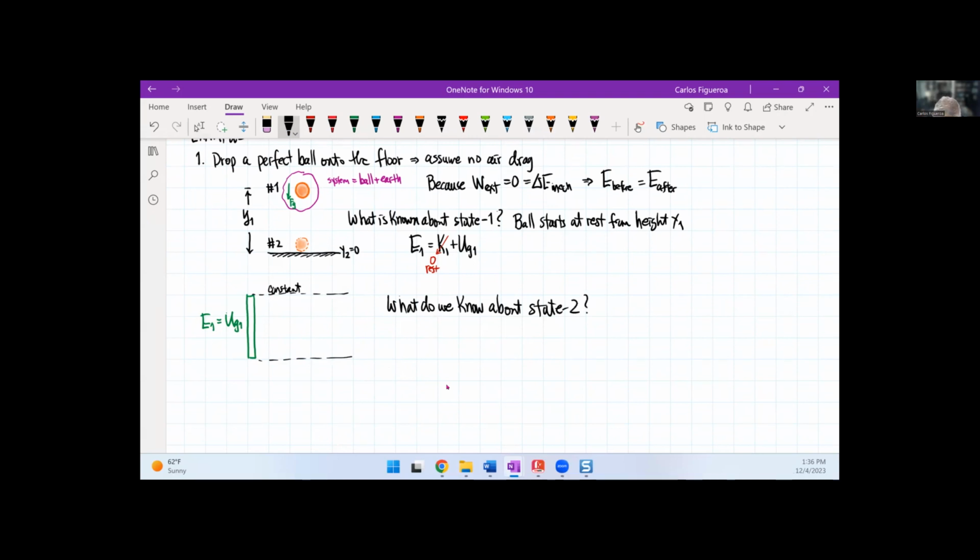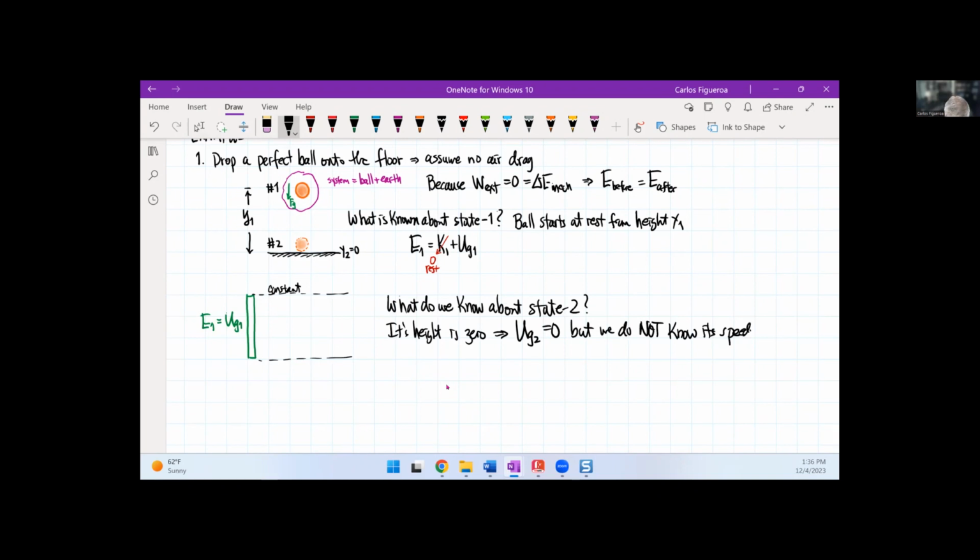Well, its height is 0, which then tells me that its gravitational potential there is 0, but we do not know its speed.